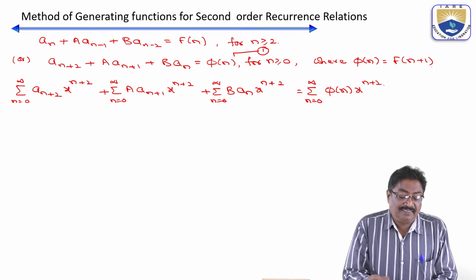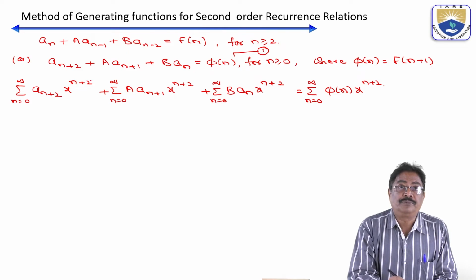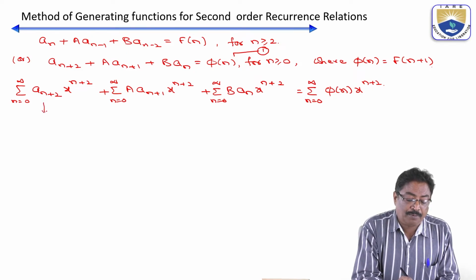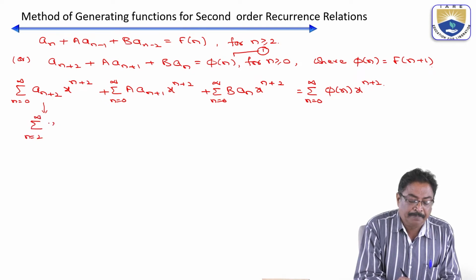Now, first for n is equal to 0, what am I going to get? a_2 x power 2. Equivalently I am going to write it as the summation n is equal to 2 to infinity of a_n x power n.